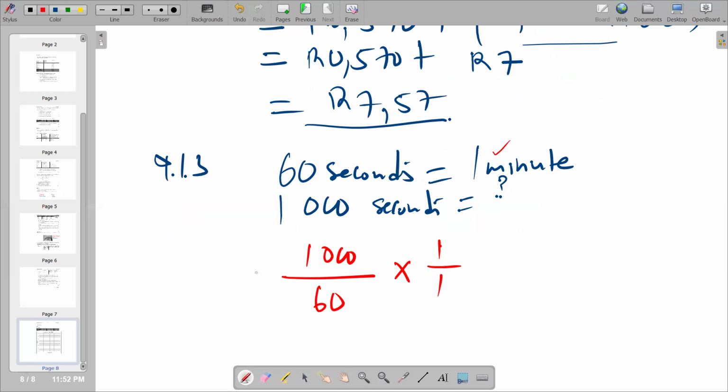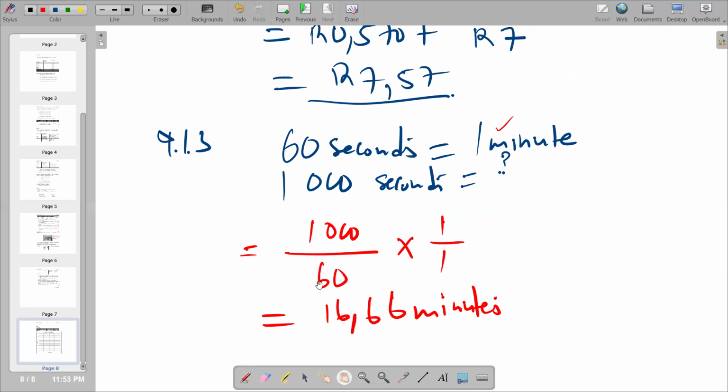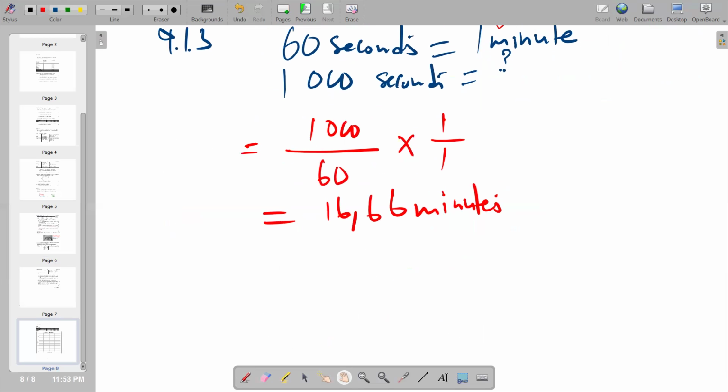So if you further calculate, you get your answer 16.66 minutes, which if you round it up to the nearest whole number, we've got a 6 behind, which is in the range 5 to 9. So it changes our 6 plus 1 to 6 to become 17. So you've got 17 minutes. So basically, that's what we have on that one.